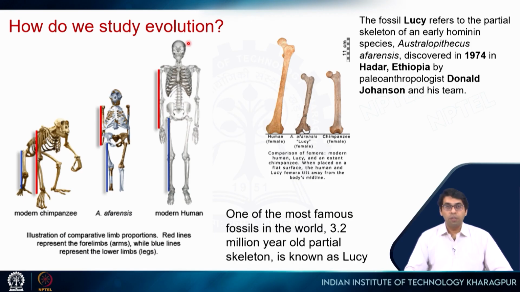Now, protein evolution can be studied in a very similar manner. We can compare two proteins which have the same structure. So we are comparing the same bone here, not different bones. Similarly, you have to compare the same proteins from different species, and by looking at how different they are, we can tell which one appeared first.